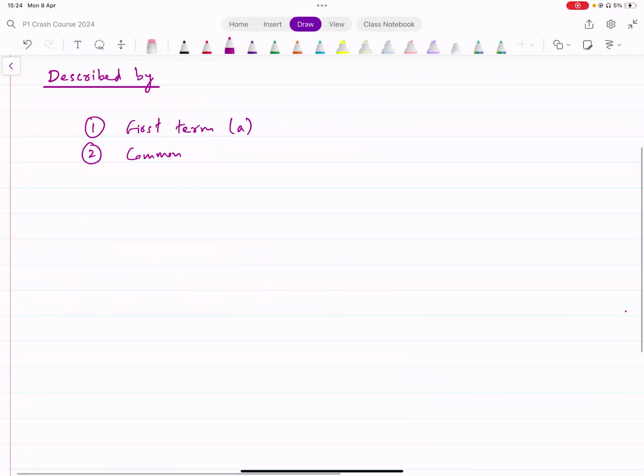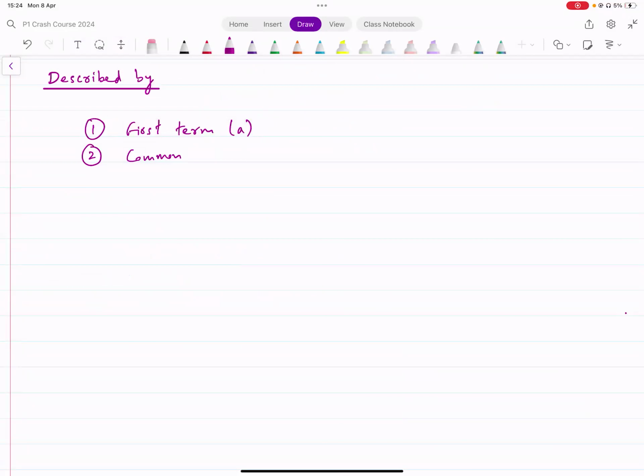So first term is also important in this case. However, instead of difference now, we've got something that's called the common ratio. The ratio between consecutive terms, we call that common ratio. And this is denoted by this letter R. So in order to describe a geometric progression, you need the first term and R, the ratio between terms.